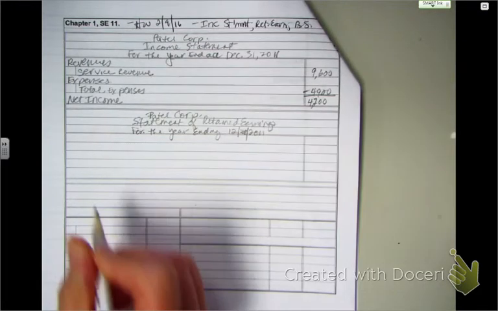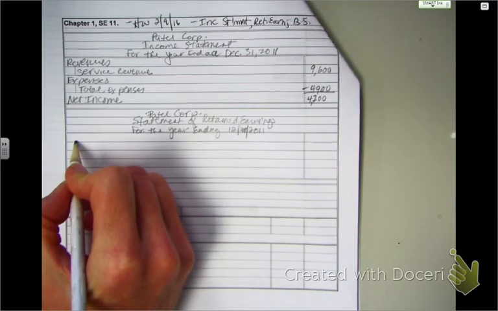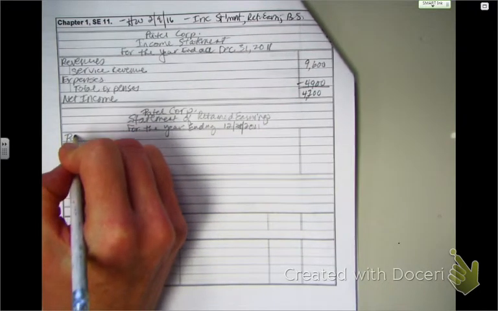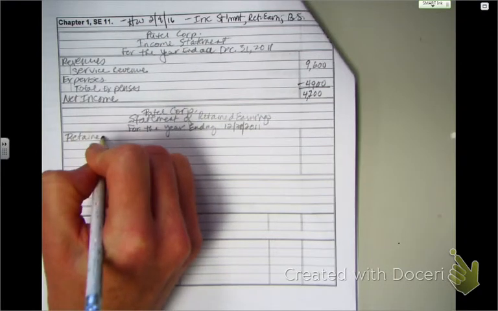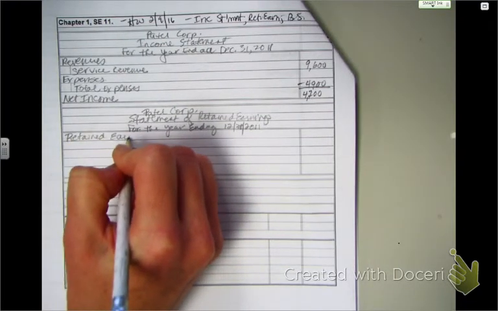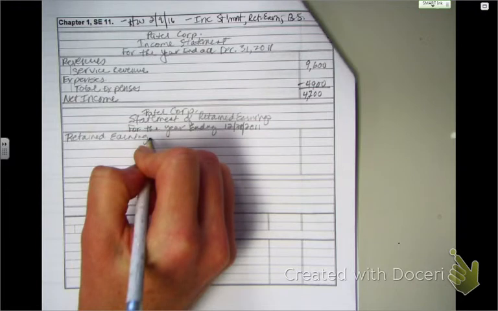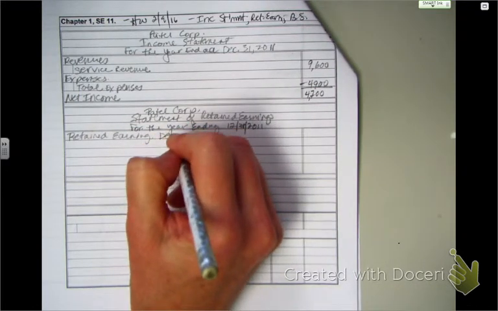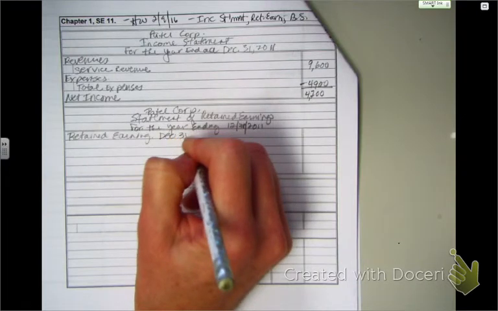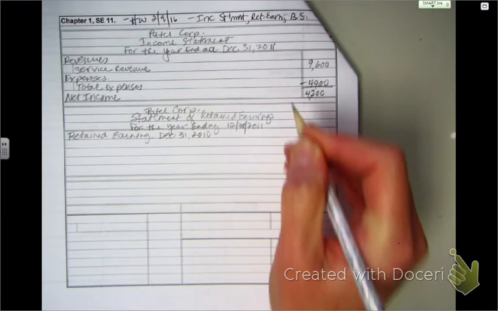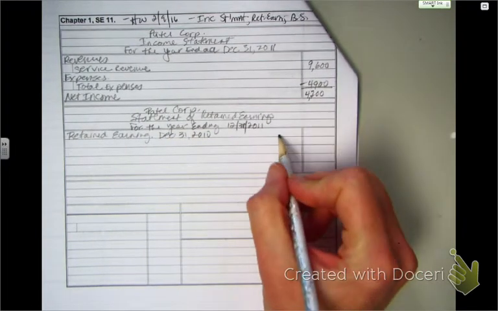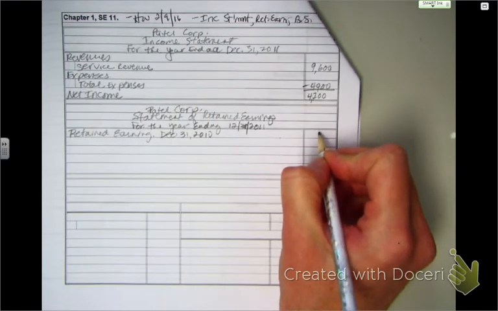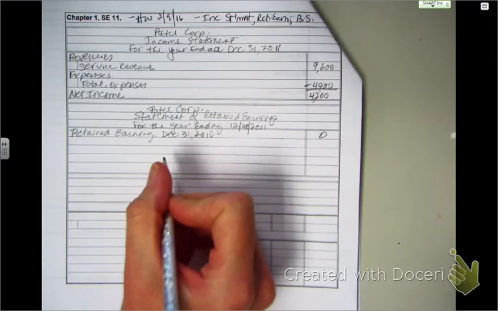So what do we start off with here? Retained earnings 2010. Good. It's going to be essentially December 31st, 2010, because it's the ending balance from the previous period, which is, in this case, 0, because this is the first year of operation for this company.